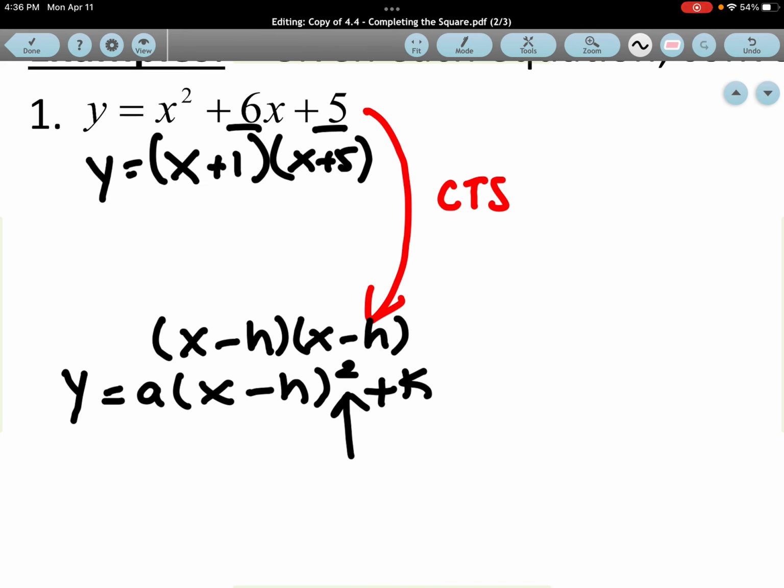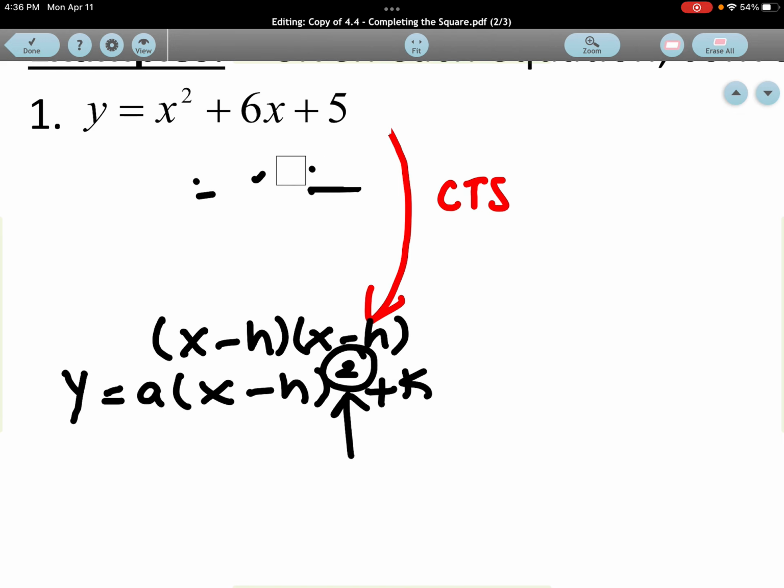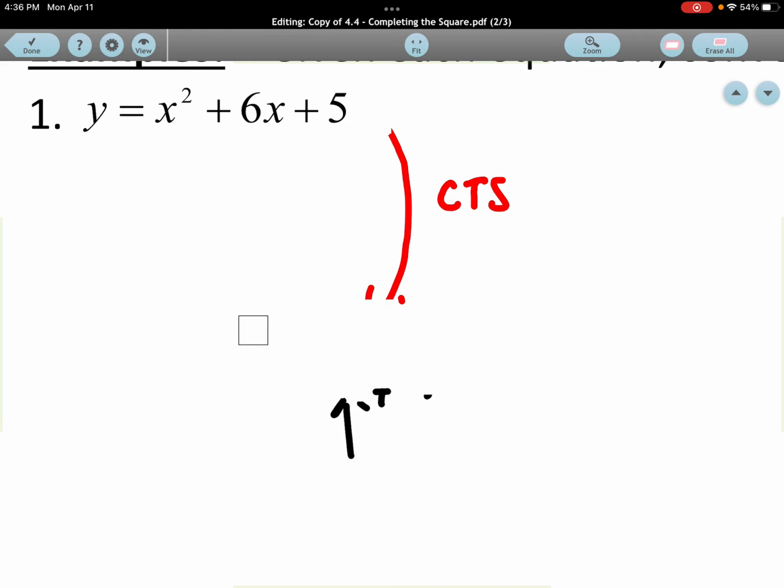So it's a different form, but it's not the desired vertex form because neither of these brackets are identical to each other. There's no way I can write them with a little 2 because they're not the same. So we're going to have to do this a little bit differently than just flat out factoring. We have to create identical brackets.